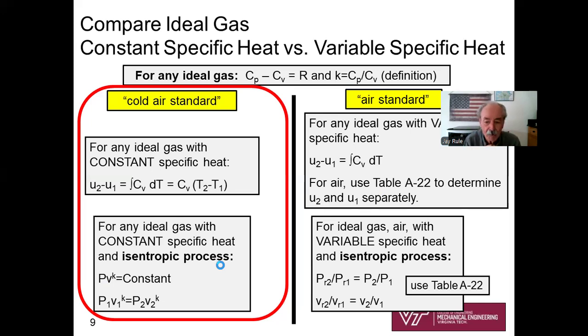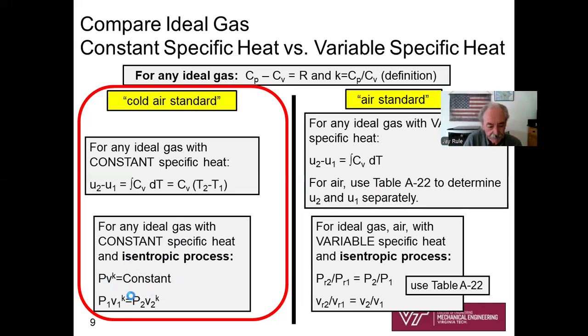Another very powerful fundamental that's been derived in your textbook is for an ideal gas with constant specific heat undergoing an isentropic, reversible adiabatic process, PV to the k is constant. Now that can be derived. That's not just a formula that you can accept. You can derive this with what you've covered in your class so far.